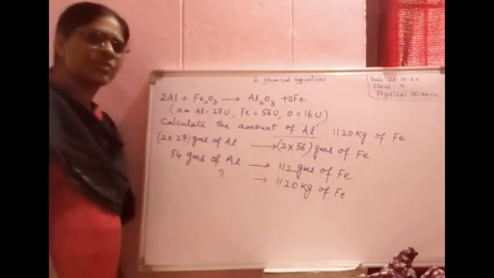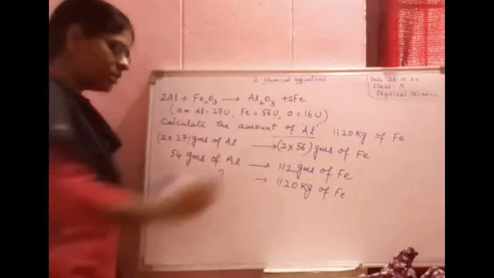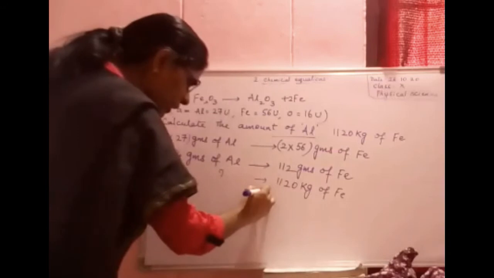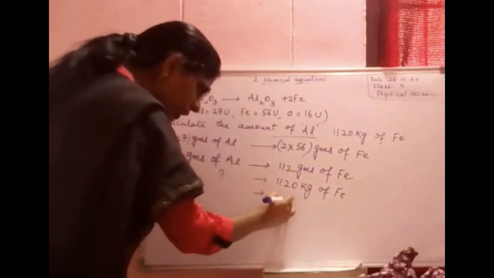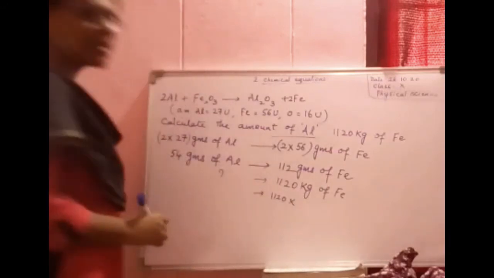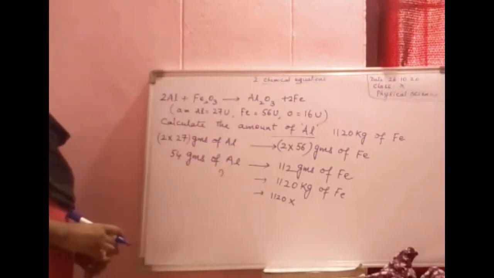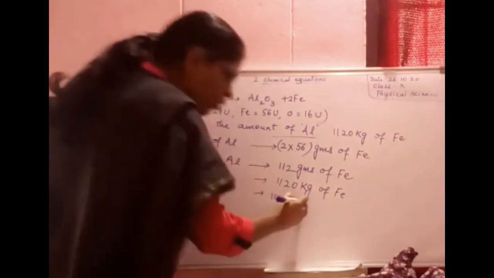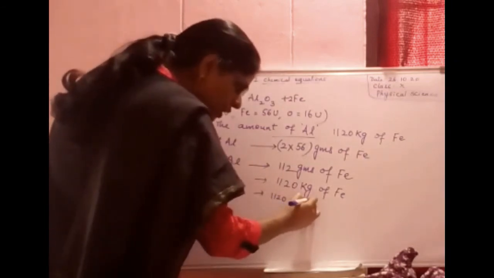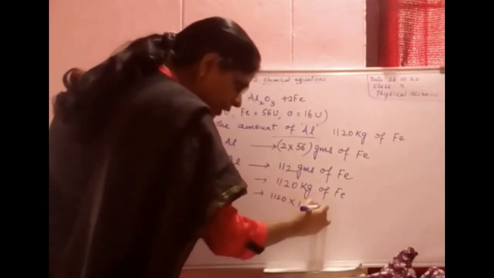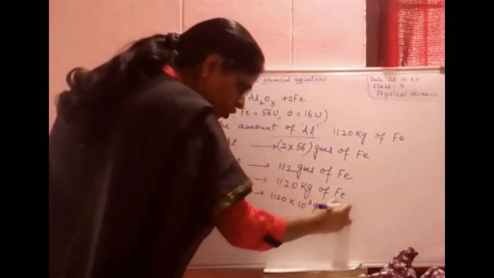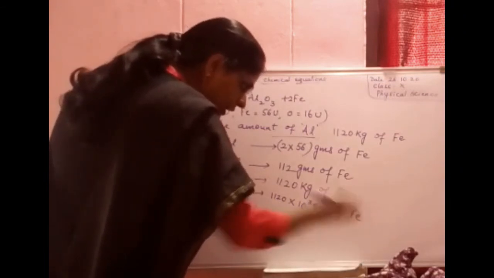We need to find out. Now, what I am doing here is mathematics. 1 kg is how many grams? 1 kilogram equals 1000 grams. 1000 I am writing as 10 power 3 grams of iron.